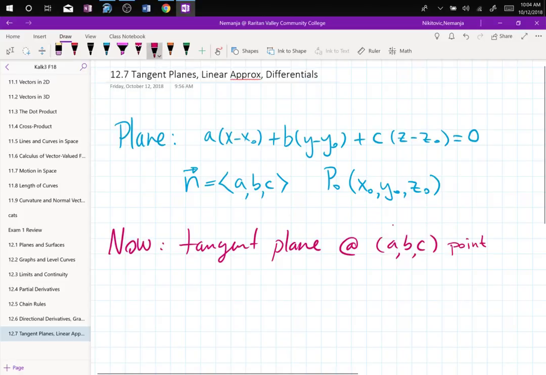Instead of A, we're going to have fx computed at (a, b, c), times x minus a.